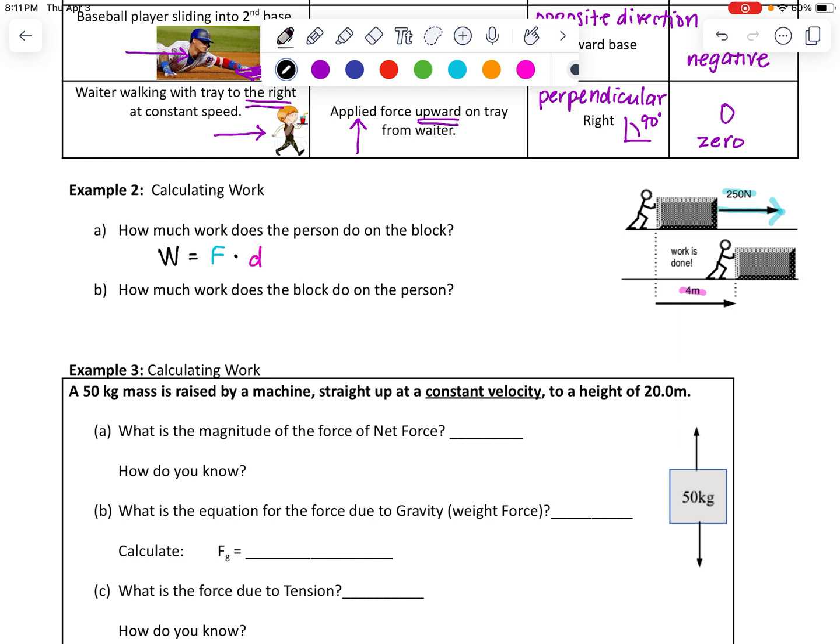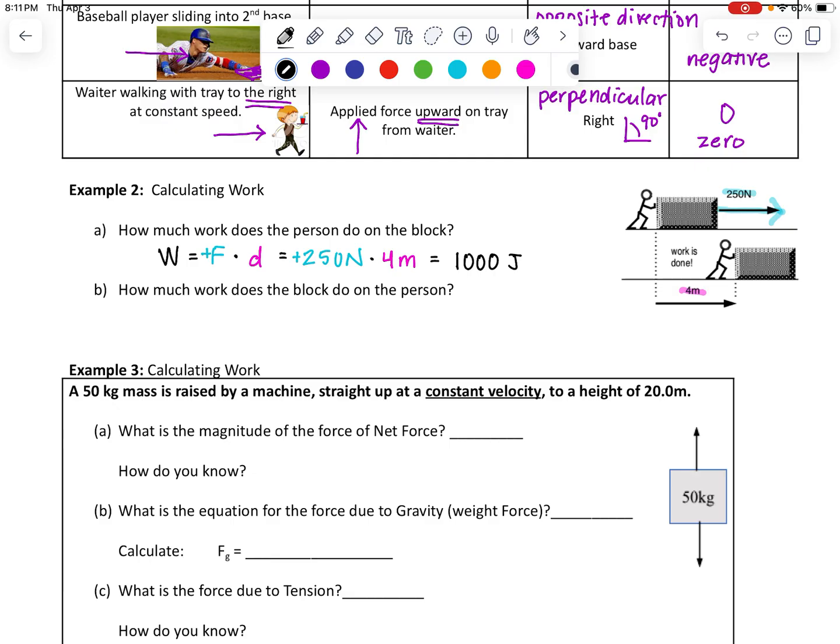My force is 250 newtons, and I'm going to say that that is positive work, so I am going to put a positive in there. Positive 250 newtons multiplied by my displacement, which is 4 meters. When I multiply those two together, my work ends up being 1,000 joules.